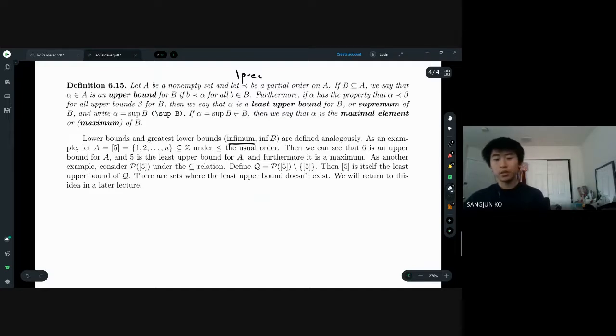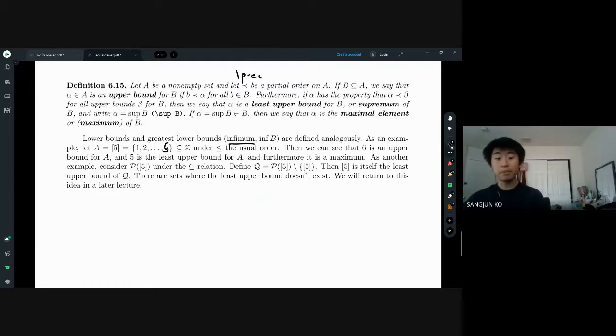Okay. So let's think about an example. Consider A equal to bracket 5 as a subset of Z, under the usual less than or equal to order. We can see that 6 is an upper bound, because what did I write here? That should be a 5, not an n.